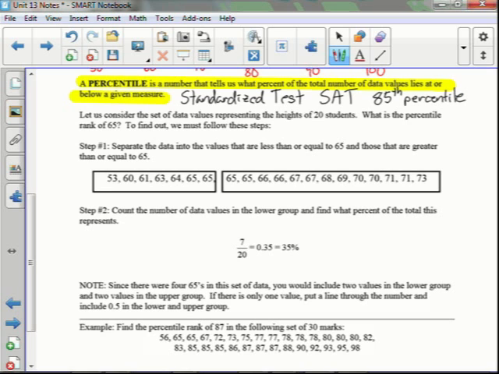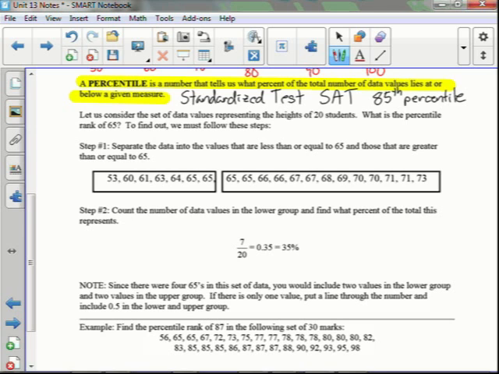That means that you were on the high end. That means only 15% of students scored more than you. So if 100 people took the test, 85 were at or below, and only 15 people would have been above that. So let's look at how we can actually calculate that.